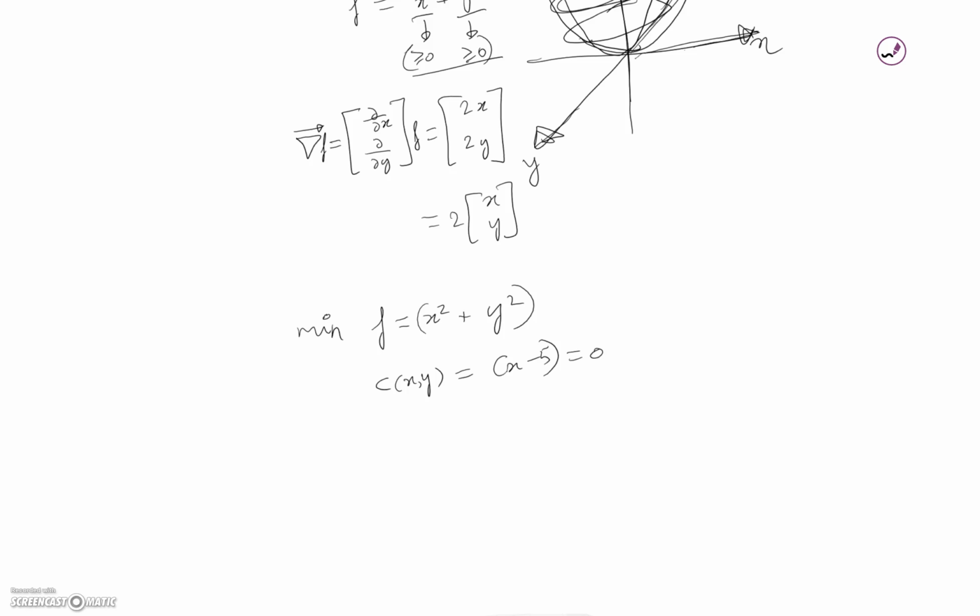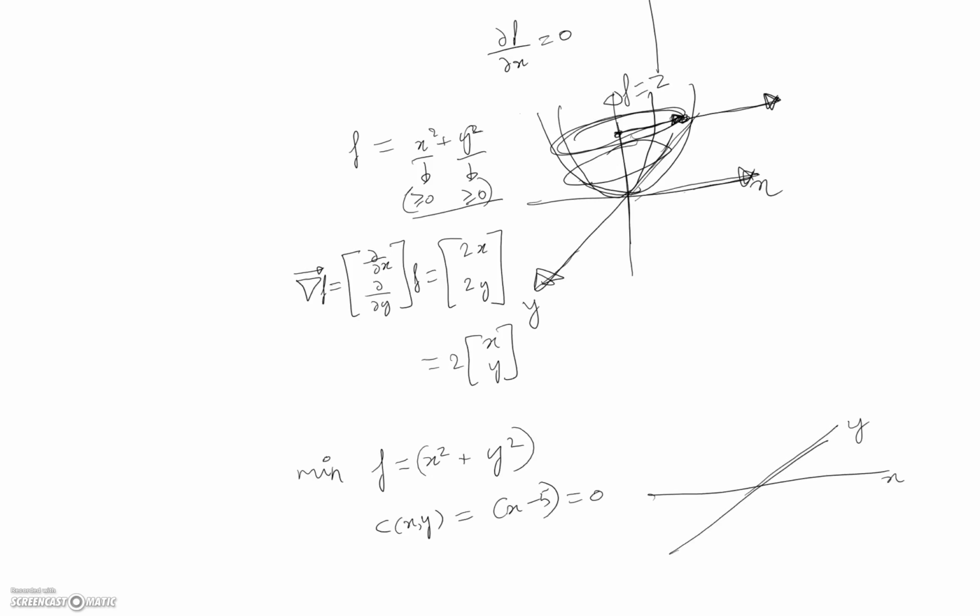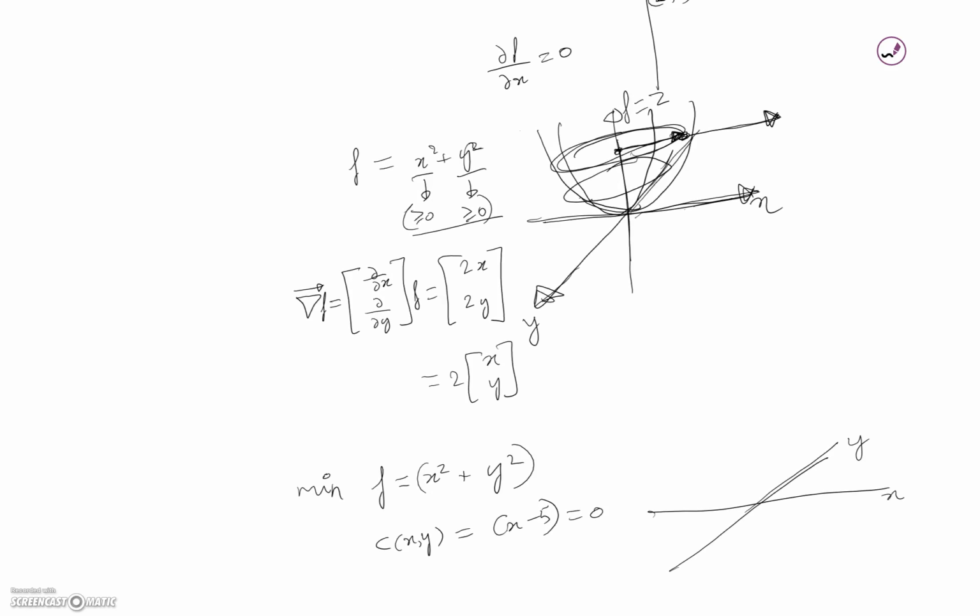So now what will this constraint look like in the same plane? Let's actually draw it here. We already have a paraboloid, and if we draw this constraint as well, we'll go to x equal to 5, and it will basically be a plane parallel to the yz plane, and it will intersect our paraboloid in a curve.